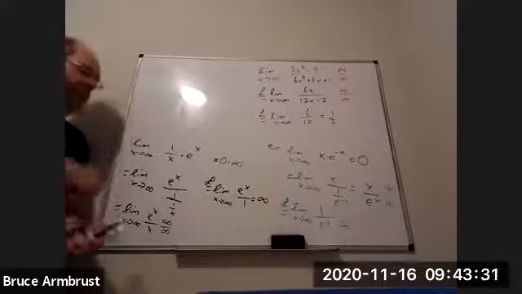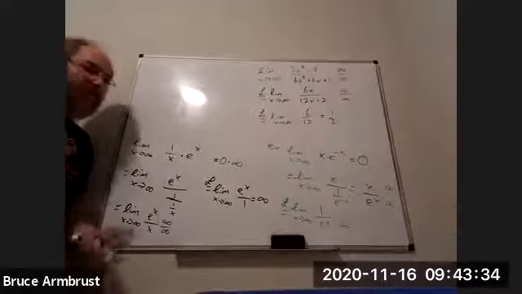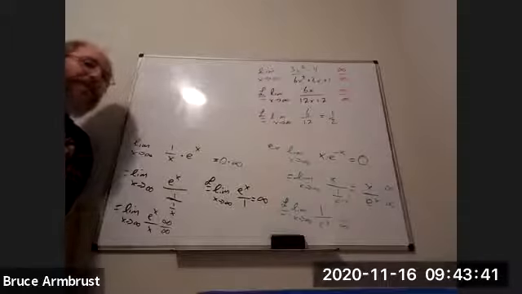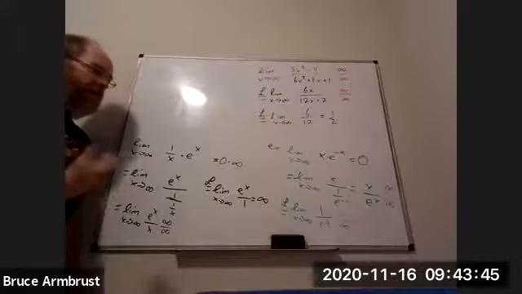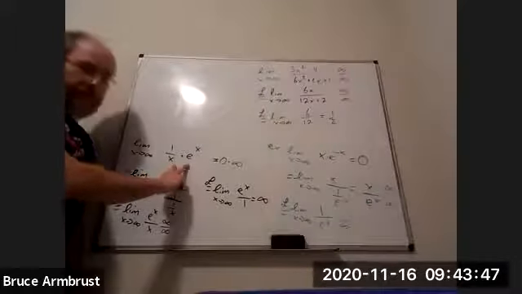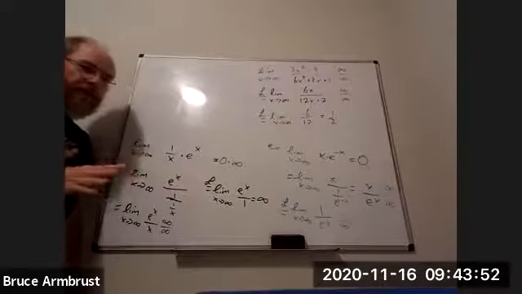So this time, 0 times infinity gave me infinity. That's what I mean when I say it depends what kind of 0, what kind of infinity. It really matters how these things are approaching 0 and infinity. Infinity is a weird thing.